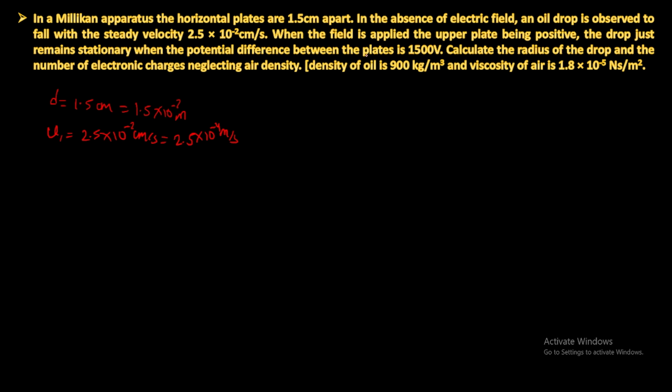When the electric field is applied, the upper plate being positive, the drop just remains stationary. Here is also the same condition. When a uniform electric field is applied in the downward direction, with the upper plate as the positive plate, the oil drop is found to be motionless between the two parallel plates.